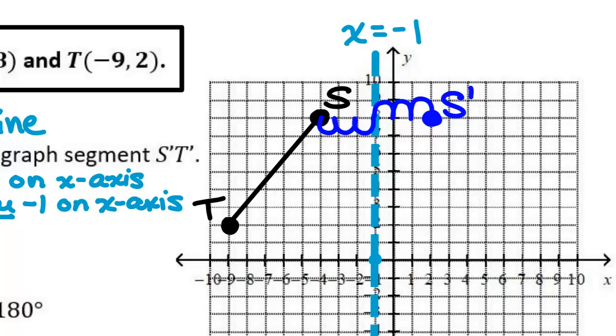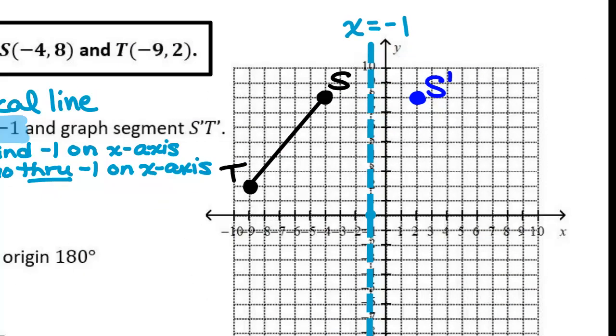So mirror image on the other side, 1, 2, 3. Right here would be my S prime. Where is that point for S prime? 2, 8. Make sure you're coming all the way down and reading it off of the x-axis. 2, 8.